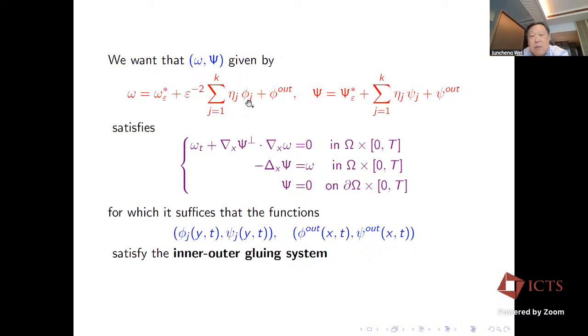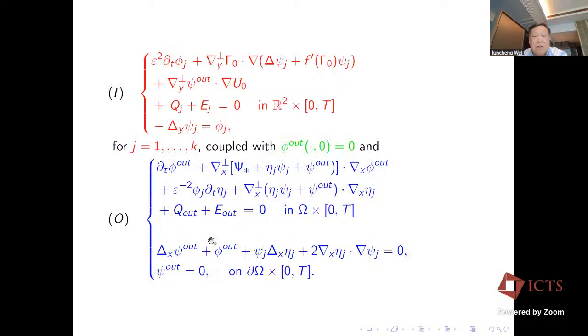And so what is the equation for phi j and phi out? Phi j and phi out solve the following system. Phi j for the inner solves this problem here with the singularity.